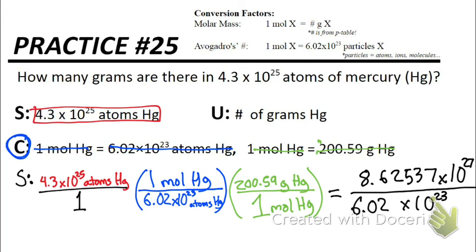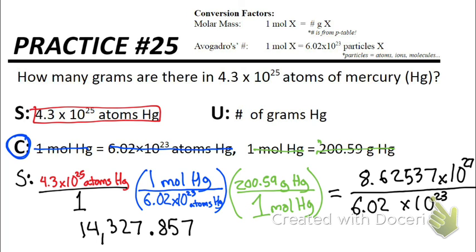We're not quite there yet because now we have to divide our top and bottom. When I divide the top and bottom, I end up getting 14,327.857. That's the raw, unrounded number.